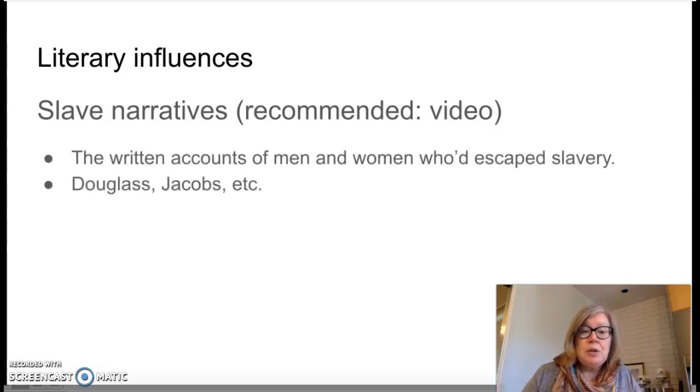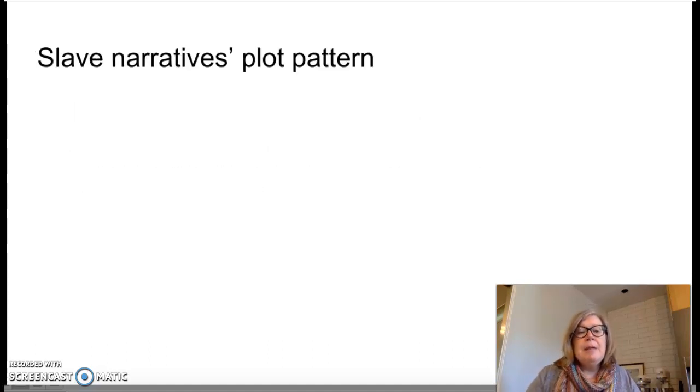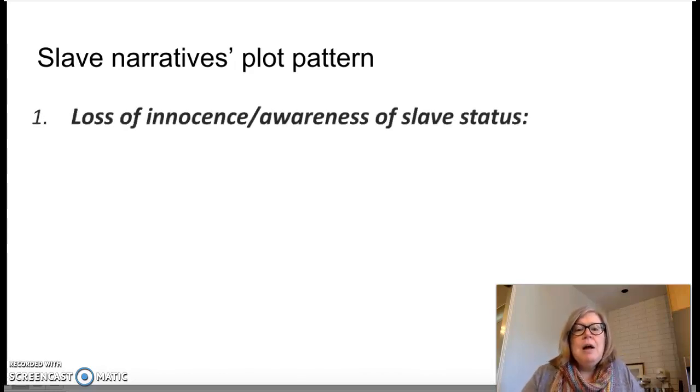Okay, so in these slave narratives, especially by Frederick Douglass or Harriet Jacobs, you may have encountered those previously in your education. There's a basic plot pattern that they tend to all follow. First of all, the writer explains their loss of innocence and the moment they became aware of the fact that they were enslaved.